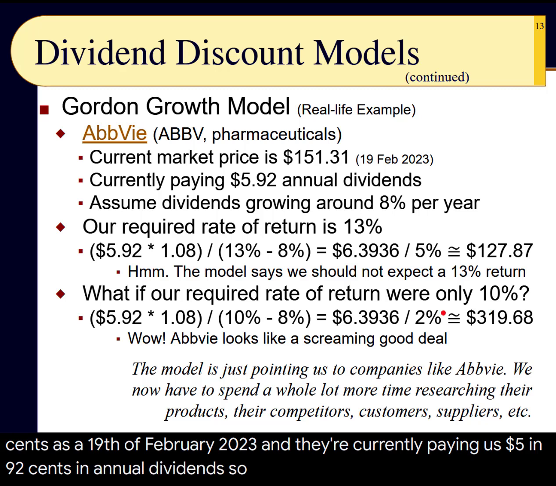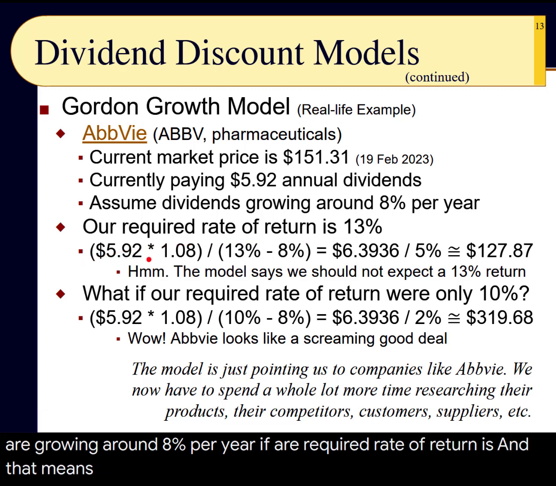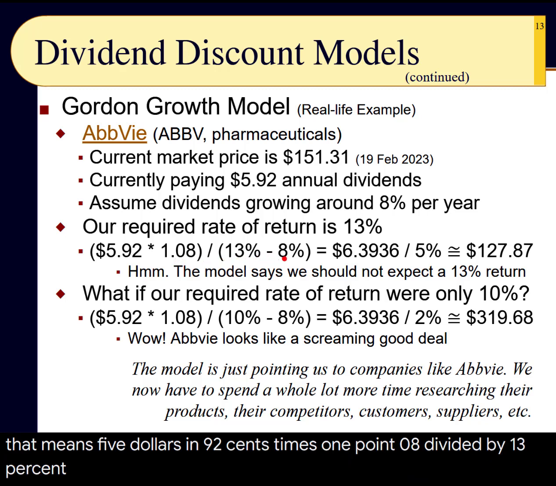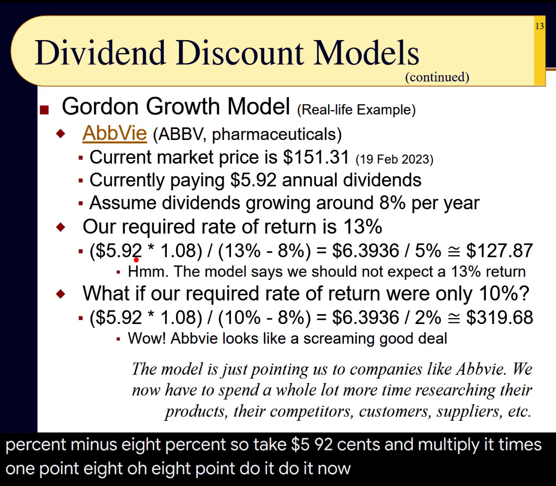So let's again assume that the dividends are growing around 8% per year. If our required rate of return is 13%, then that means $5.92 times 1.08 divided by 13% minus 8%. So take $5.92 and multiply it times 1.08. Come on, do it now. Pause the presentation.